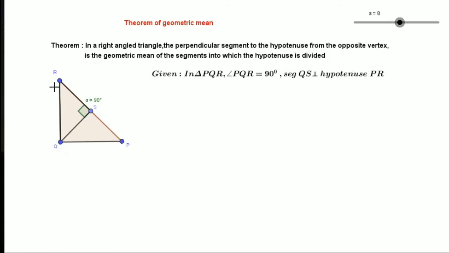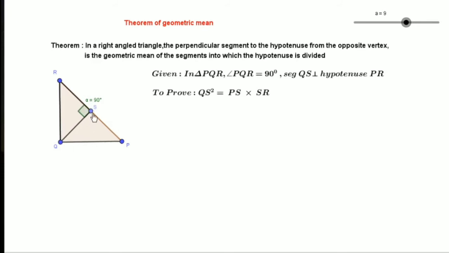So let's write the given from the figure. In triangle PQR, angle PQR is 90 degrees, it is a right angle, and segment QS is perpendicular to hypotenuse PR. Now let's write what we have to prove.